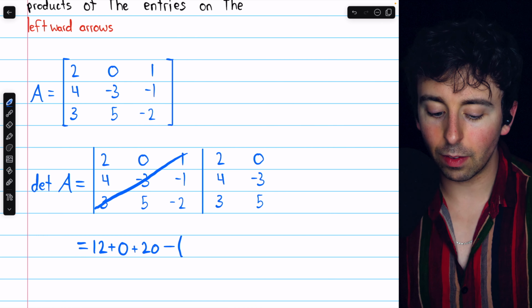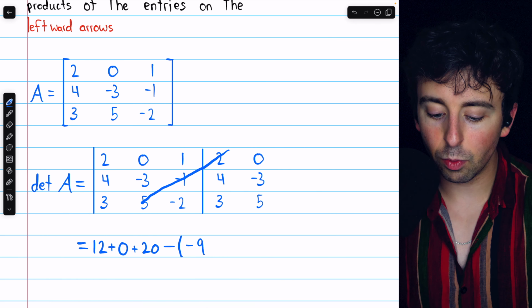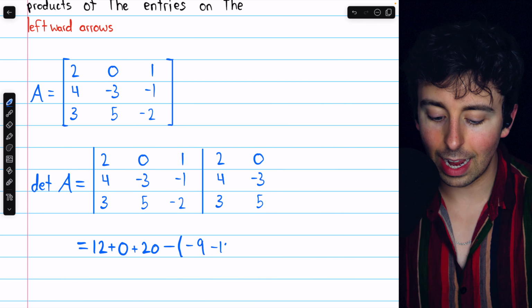So 1 times -3 times 3, that's -9. 2 times -1 times 5, that's -10. And then 0 times 4 times -2, of course, that is 0. So this ends up being 12 plus 20, and then minus -19. So 12 plus 20 plus 19. And this is indeed equal to 51, just as we had before.